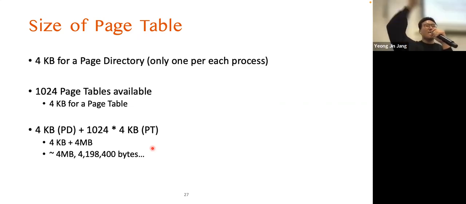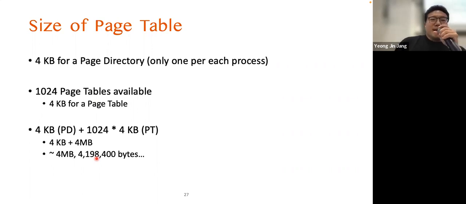So if we have a full mapping of each address to another address, we would have 16 gigabytes of page table. That's very inefficient. But by having this 2-level tree structure, even if we translate any address in 32-bit space to a physical address, we can maintain that with 4 megabytes of additional space.